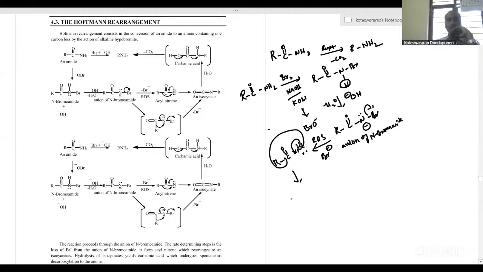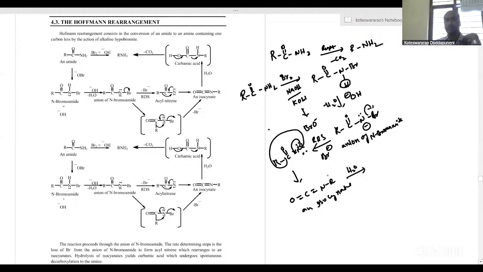Now it leads to formation of an isocyanate intermediate, which is further treated with water.